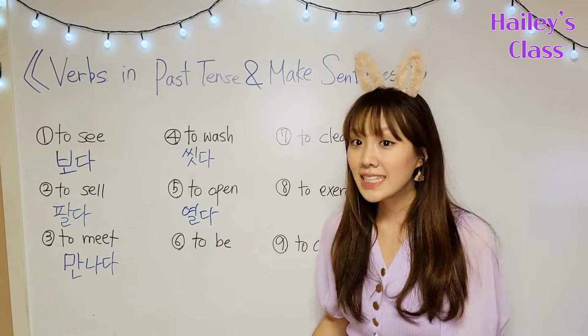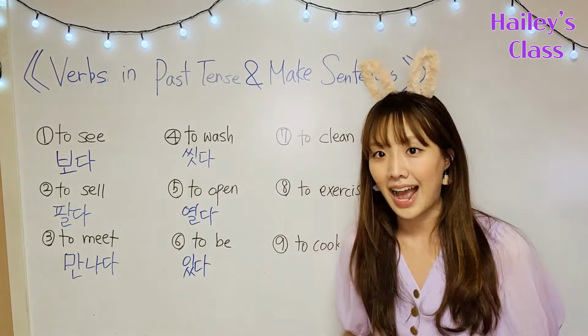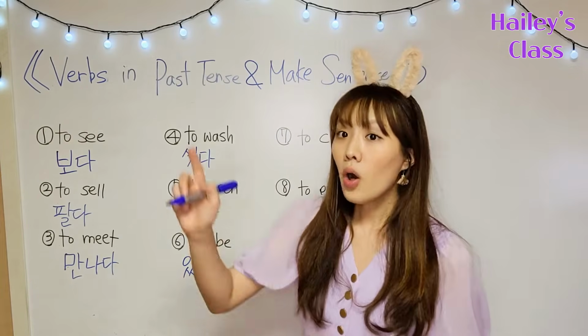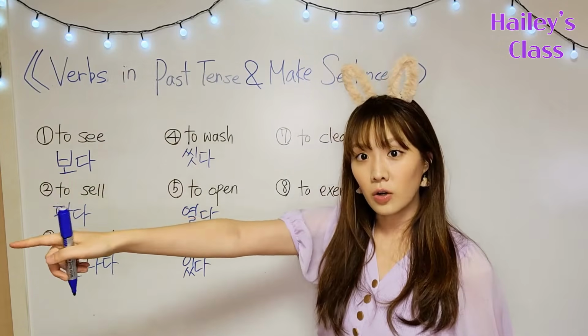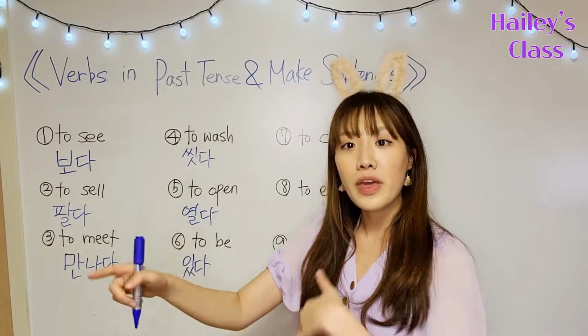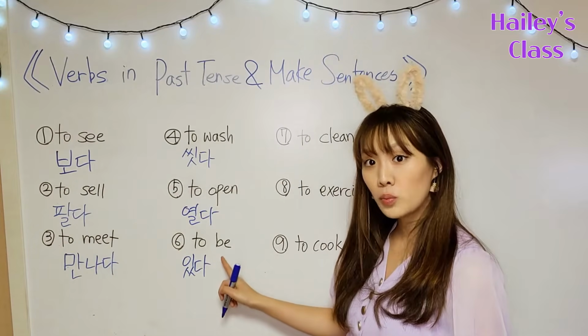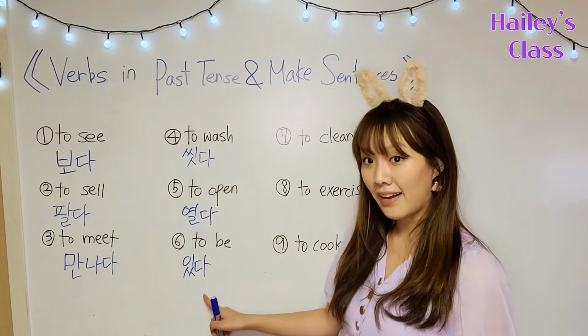To be is 뭐뭐가 있다. So there is a pencil. There is a bed. There is a bear. There is, exist. Okay? There is, to be, 있다. Okay?